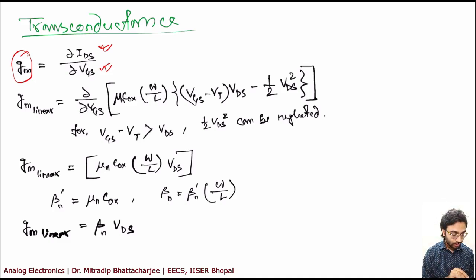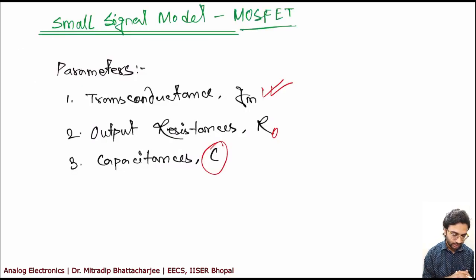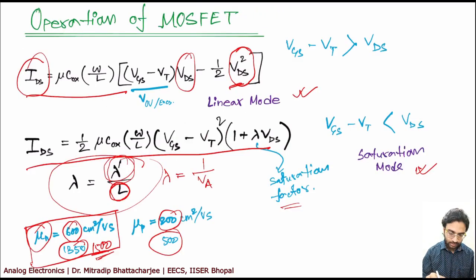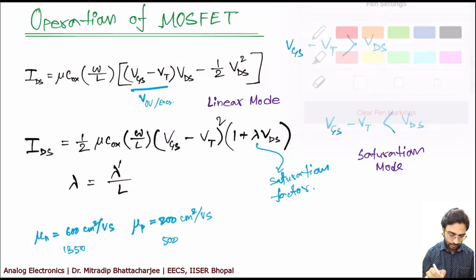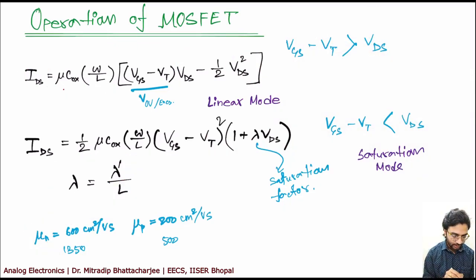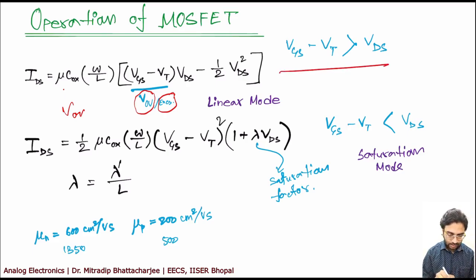In the linear region, let us find out what gm is. If I replace the IDS value given over here, mu Cox W by L times VGS minus VT, which is also known as over voltage or excess voltage, somebody writes it as VOV or VX, then VDS minus half VDS square, and this is the condition.